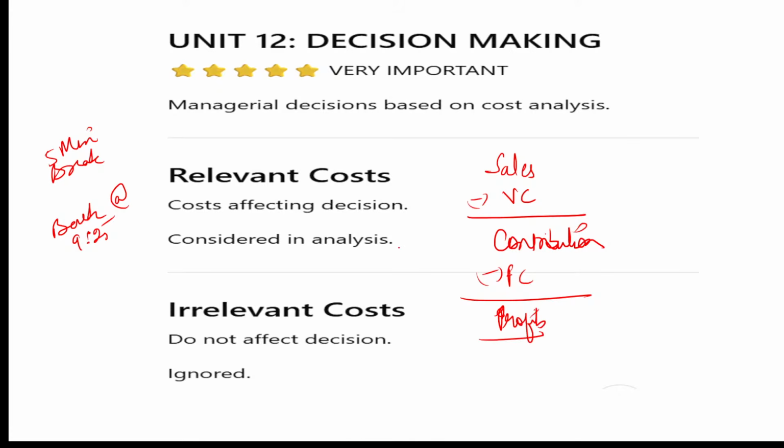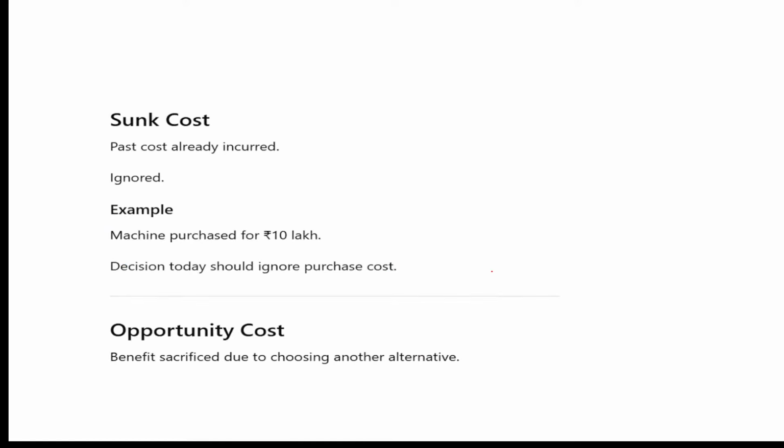Costs affecting my decisions are known as relevant costs. These are considered in any sort of analysis. While costs which are not affecting my decisions are known as irrelevant costs. For example, if my decision is based on contribution, then fixed cost will be my irrelevant cost, and variable cost and sales will be my relevant costs.